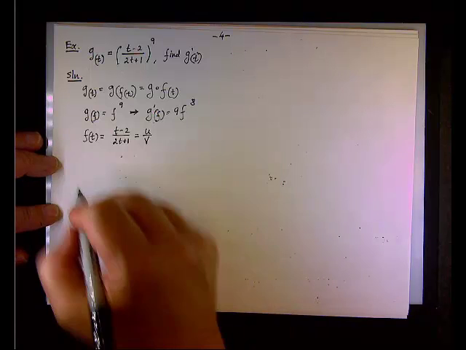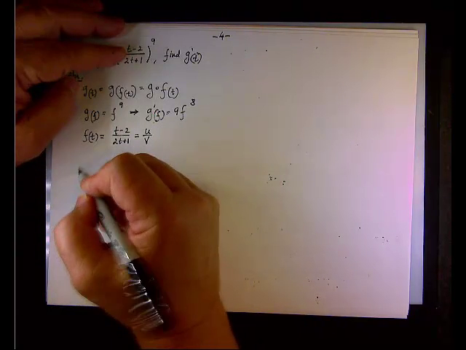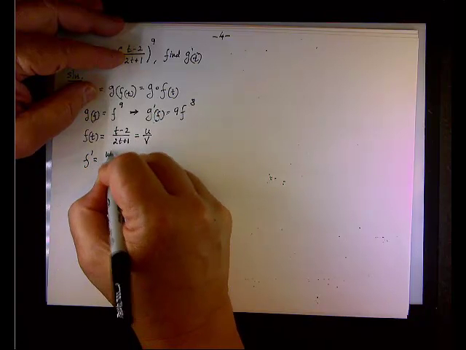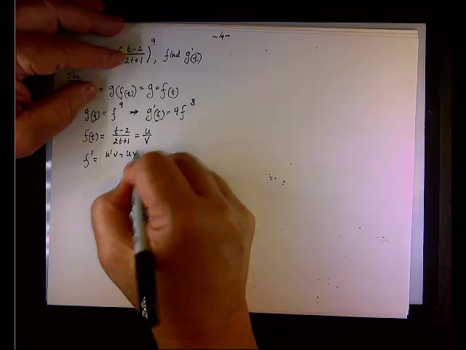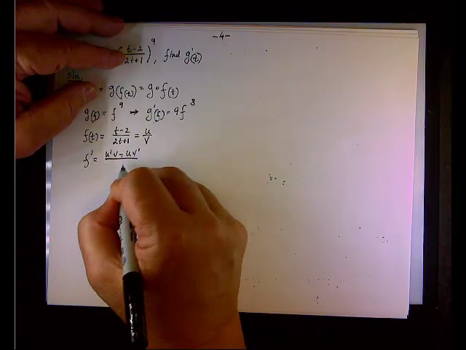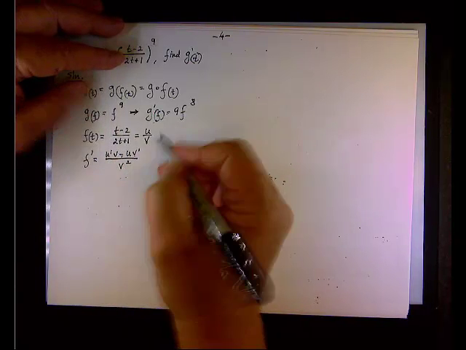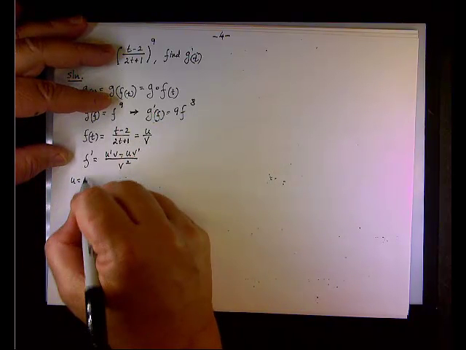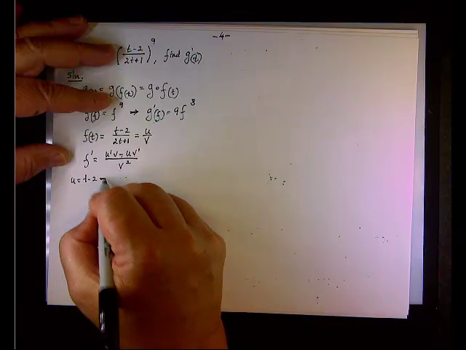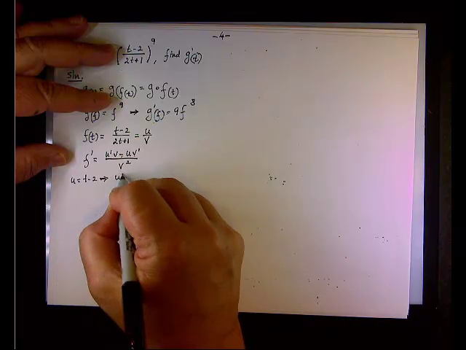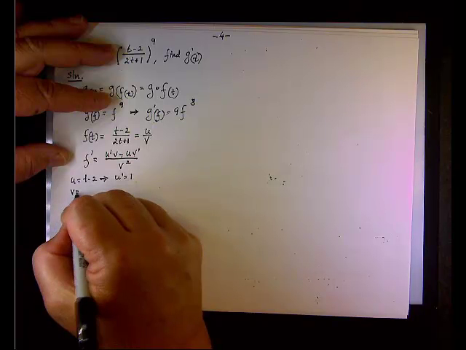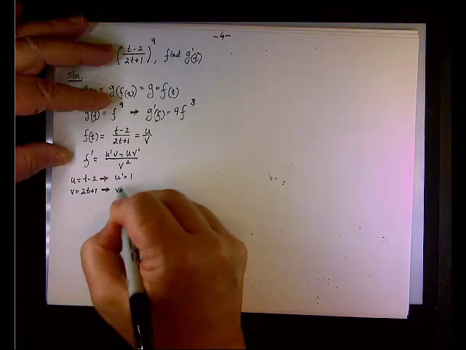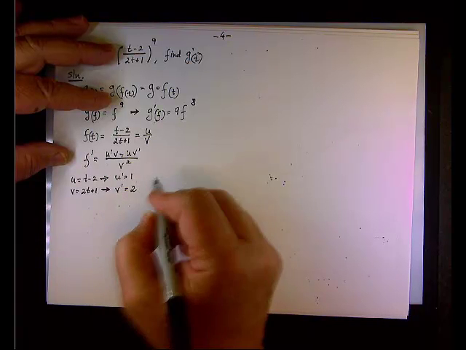So f prime will be u prime v minus u v prime divided by v squared. Okay, so what is u? U is t minus 2, and therefore u prime is 1, v is 2t plus 1, and therefore v prime will be simply 2. So it's not too bad.